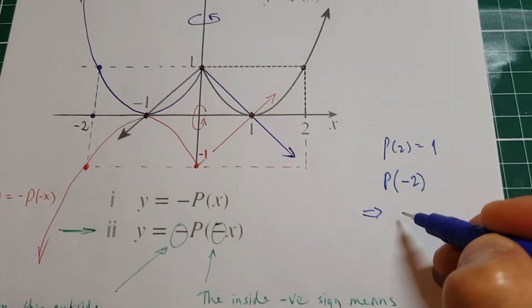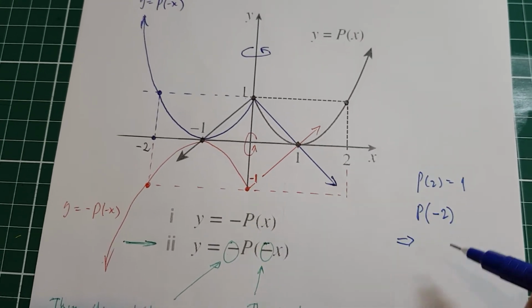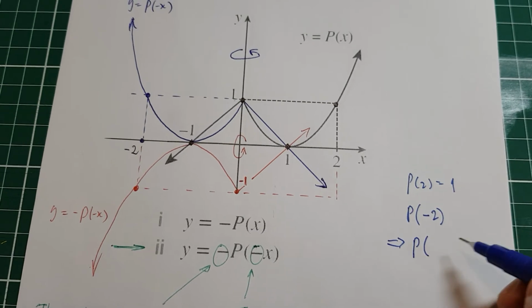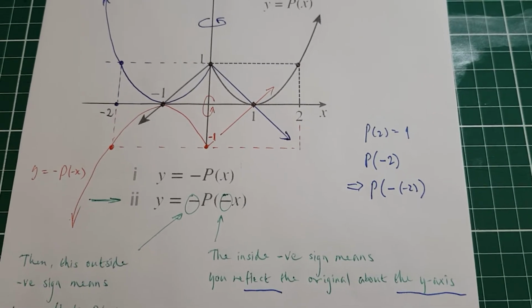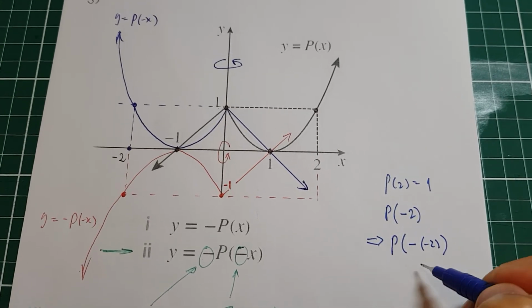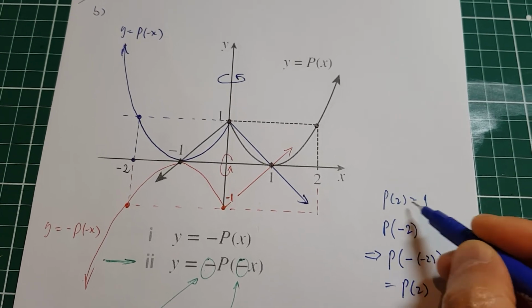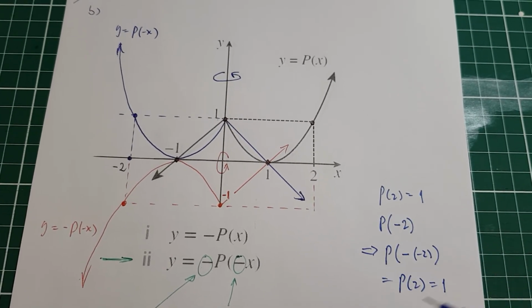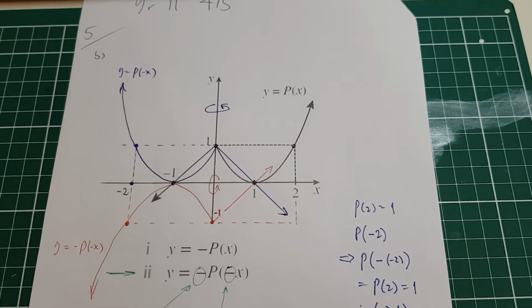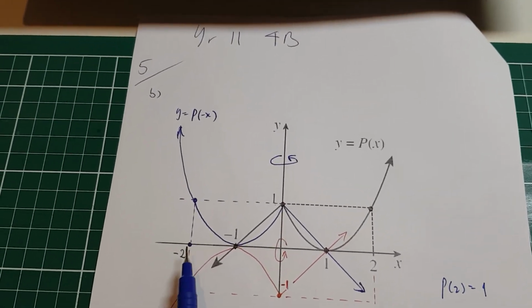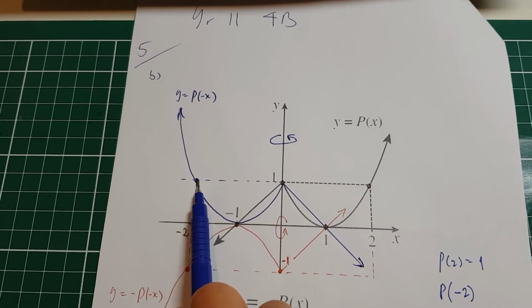So p of 2, and to get the same, what you have to do is p of negative 2. So p of negative 2 is now equal to, we know the negative is now positive, so p of 2, and we know the p of 2 here is 1. So therefore, it's negative 2, 1. So instead of 2, it's now negative 2, which will give you 1.